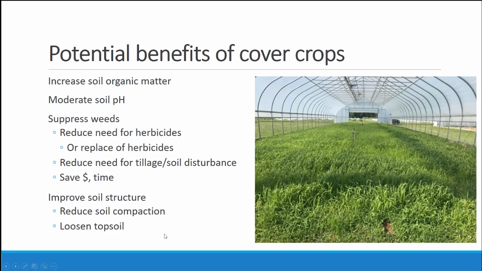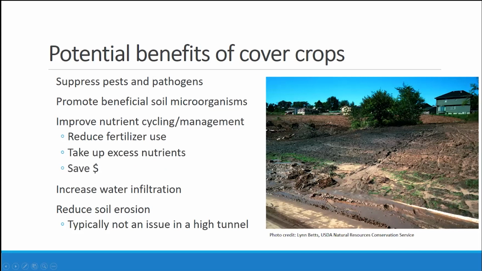So if perhaps you've done a little bit too much tillage, getting some cover crop in there can help reduce compaction and loosen topsoil, right? And a lot of people really like cover crops for the addition of organic matter, right? They can also suppress pests and pathogens, but they can also attract certain pests and pathogens, and I'll talk a little bit about that.